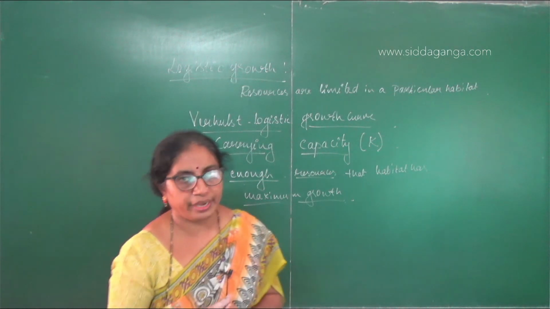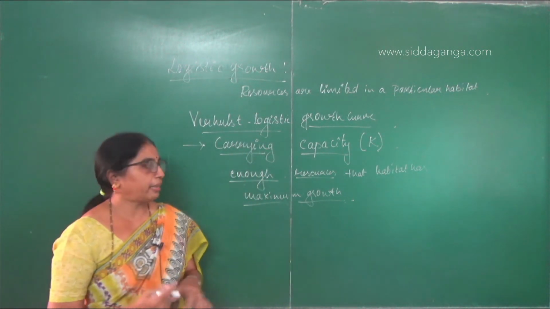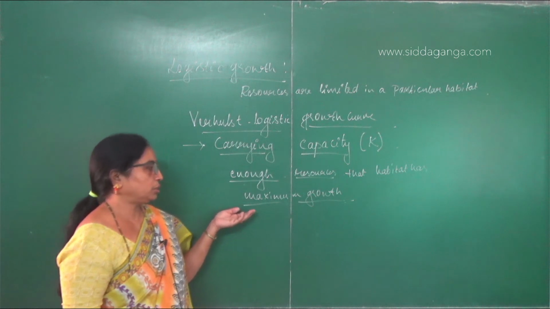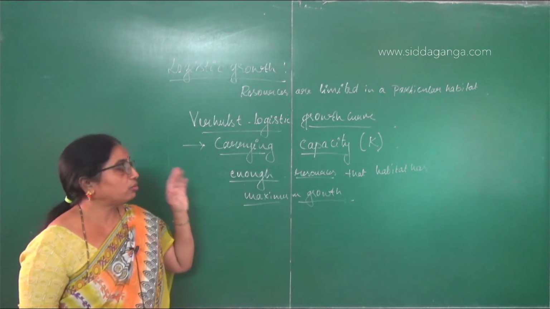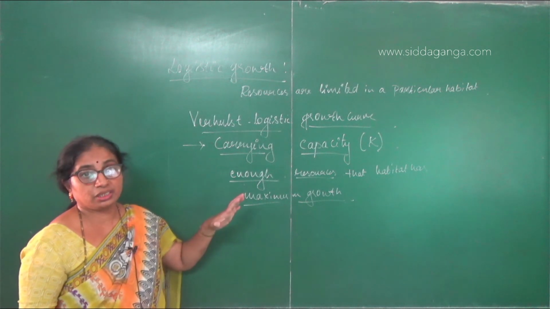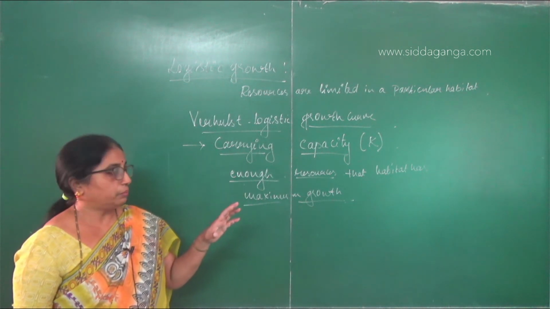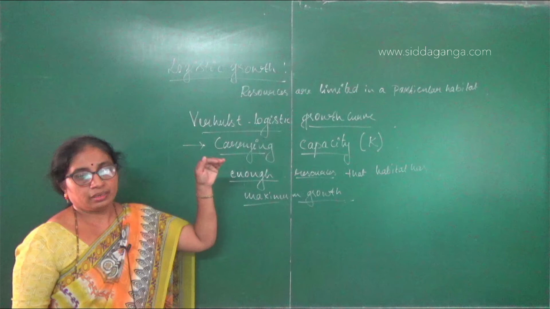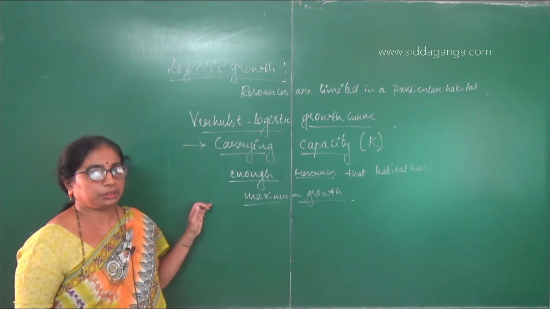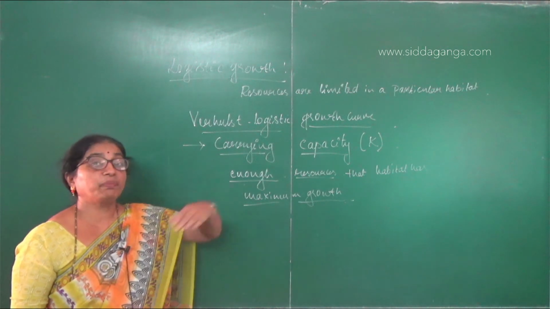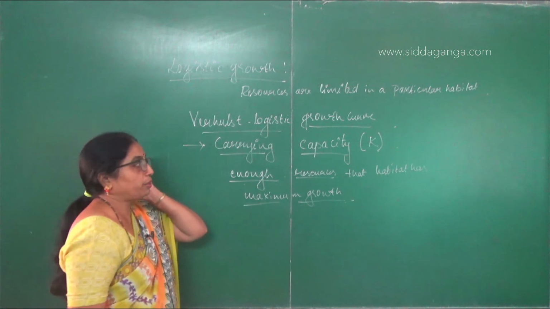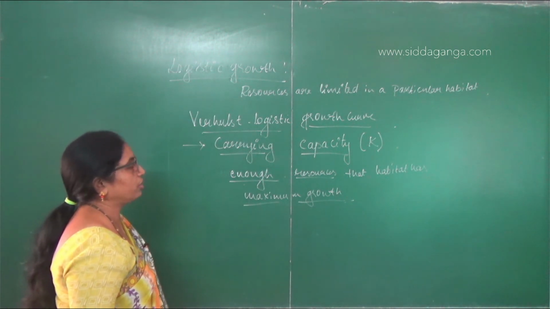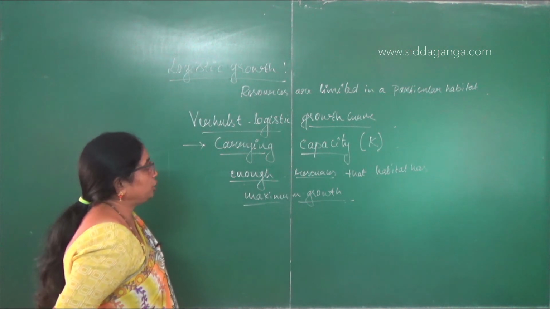A habitat has a certain amount of resources capable of supporting the growth of a population to a certain level, not beyond that level, as in the case of exponential growth.